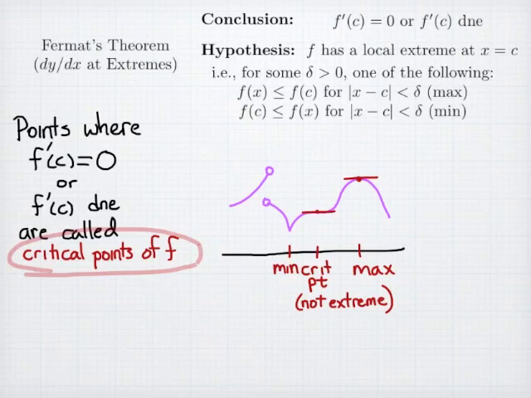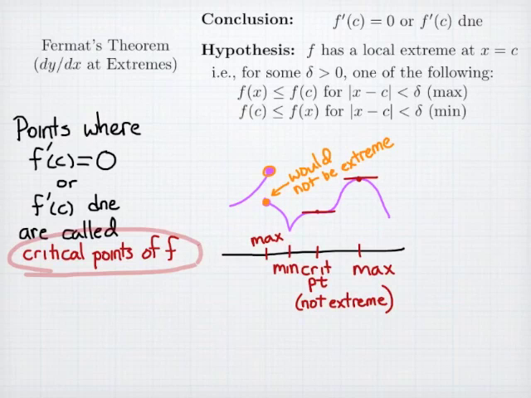Finally, we have this jump discontinuity. This critical point could be a maximum if the top point happened to be filled in. In the case that the top point is filled in, we happen to have a maximum at this critical point. On the other hand, if I were to fill in the lower point, then the function would no longer have an extreme value.